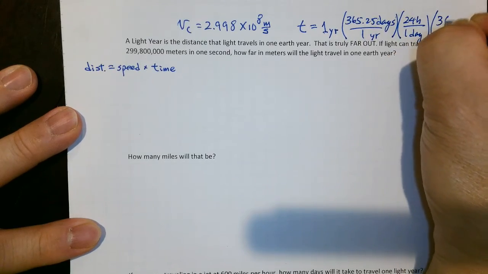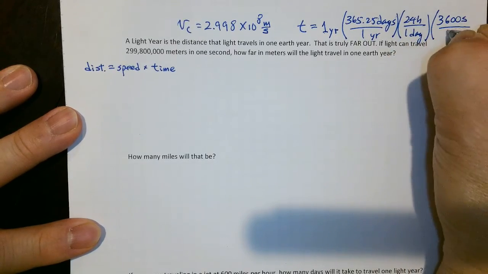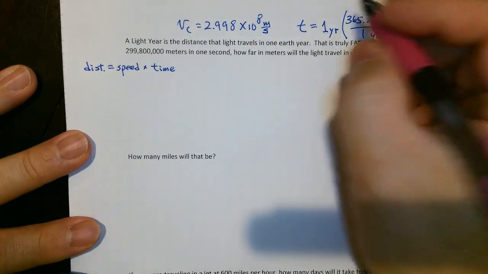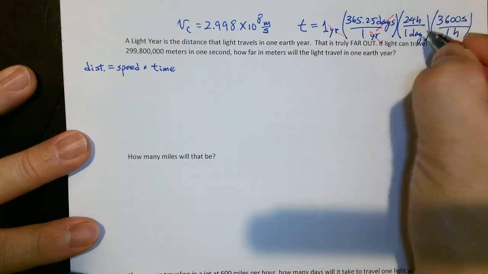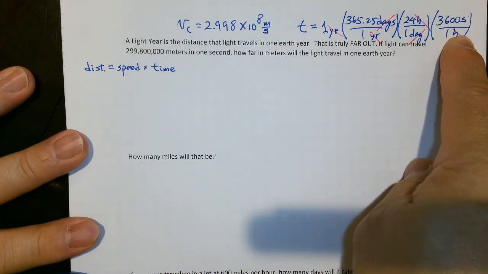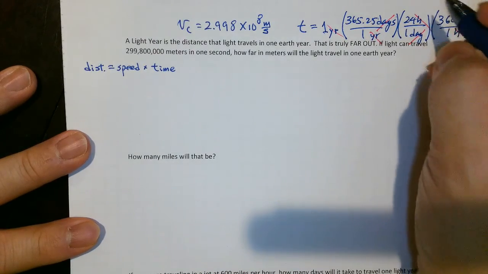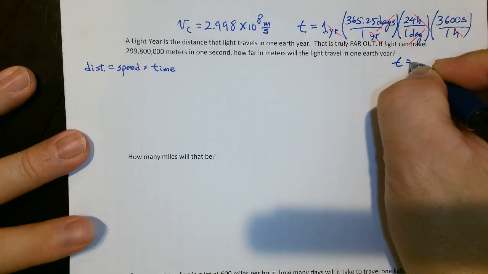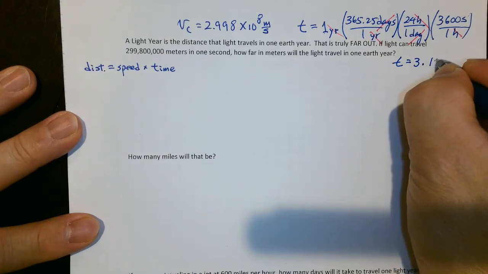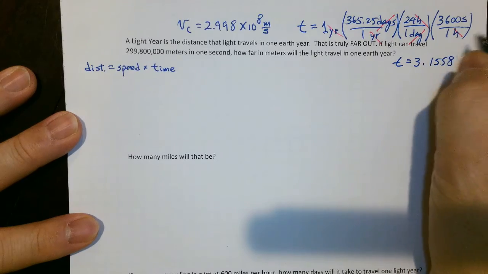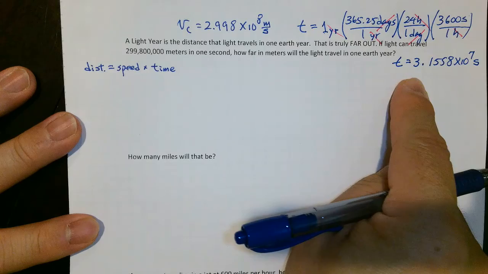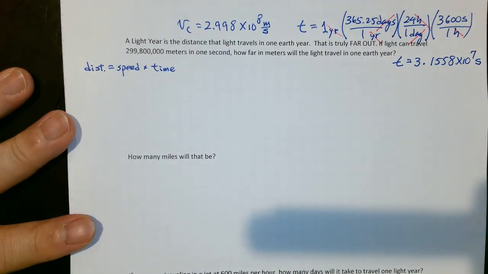And then there are 3,600 seconds in 1 hour. So if we work it out, notice how years would cancel out, days would cancel out, hours would cancel out, and giving us our time in seconds. So if you work it out, I think you get something like 3.1558 times 10 to the 7th seconds. This is how many seconds there are in 1 year.